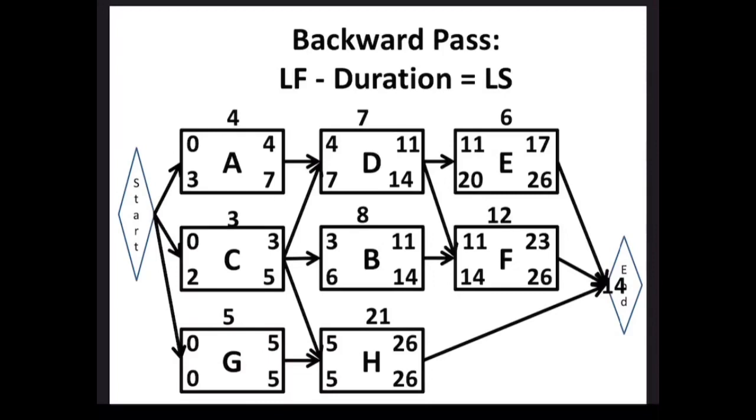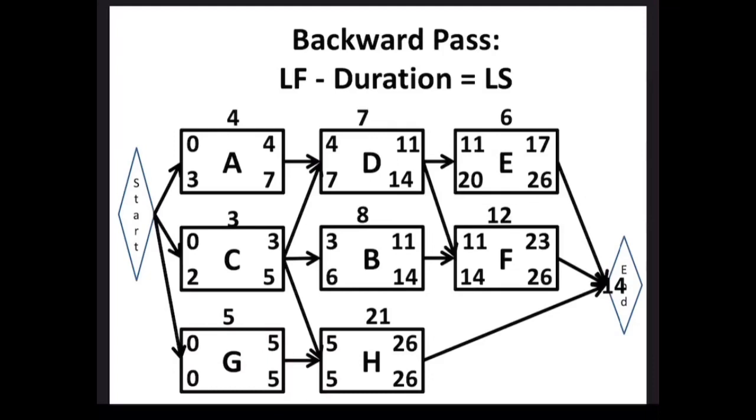Why? Because our critical path is 26, let's say, days. That's the longest this project can take without being delayed. Therefore, the latest finish of every activity connected to end has to be equal to that number. So we have E with a late finish of 26.